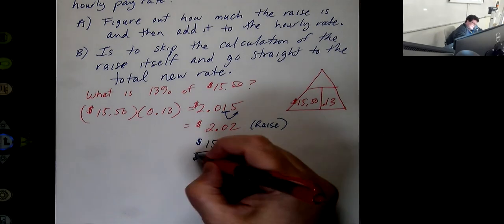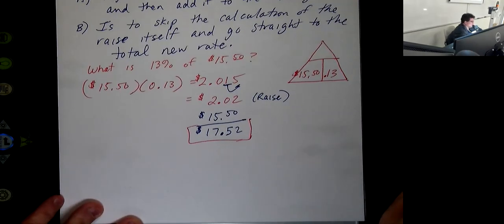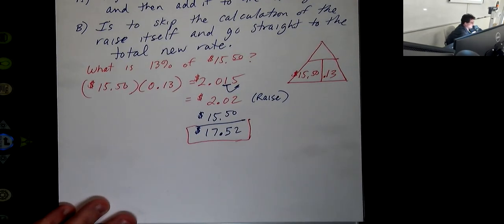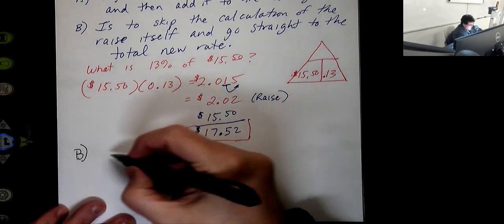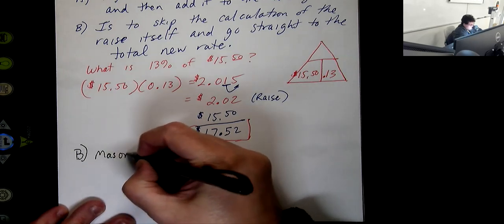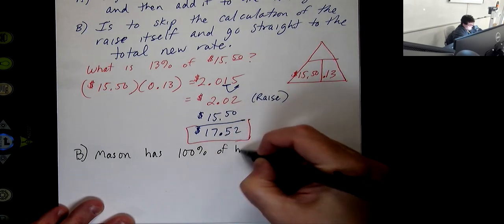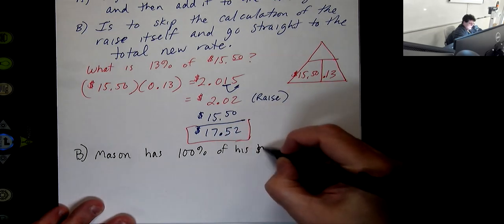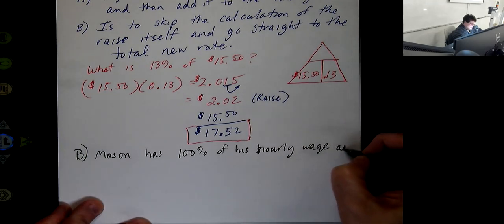So that's his new hourly rate of pay. Another way of looking at this, without calculating the raise first, is to ask what percentage he would have in the end. Mason has 100% of his check already, that's his hourly wage, and we want to add 13% to it.